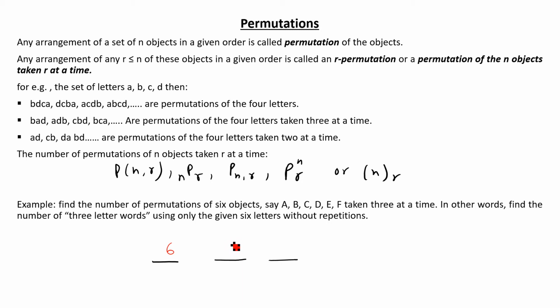For the second position, five letters can be placed here. And for the third slot, we will have a total of four choices, because we have already filled two letters in the previous two slots. So according to the product rule principle, we will have a total of 6 × 5 × 4 = 120 three-letter words using six letters.